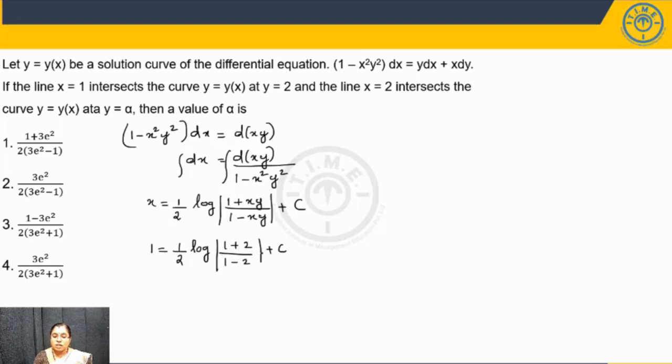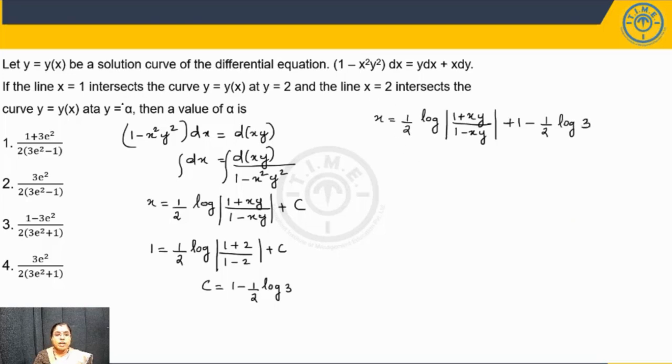So this is log 3. So we have c is equal to 1 minus 1 by 2 log 3. Now our equation becomes x is equal to 1 by 2 log (1 plus xy) by (1 minus xy) plus 1 minus 1 by 2 log 3.